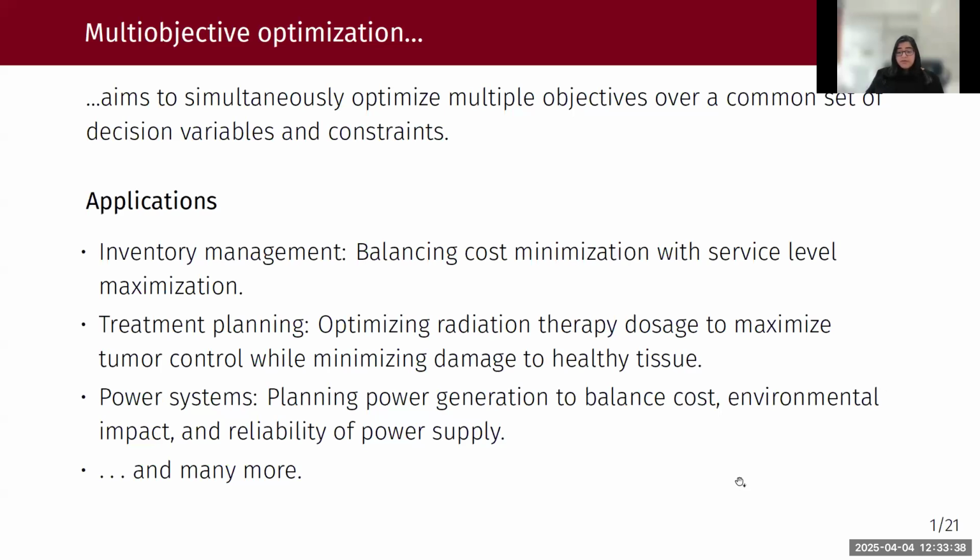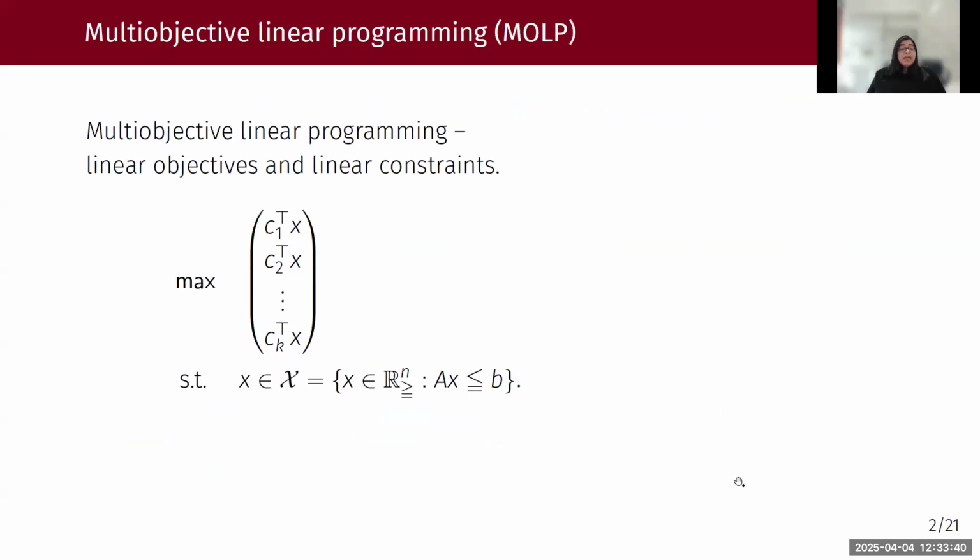I will be focusing on multi-objective linear optimization and with discrete integrality constraints. So let me start with just what a general multi-objective LP looks like. Now instead of one objective, I have k linear objectives, and my feasible region still looks like a standard polytope in R^n in this instance.